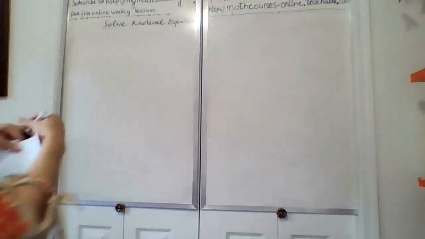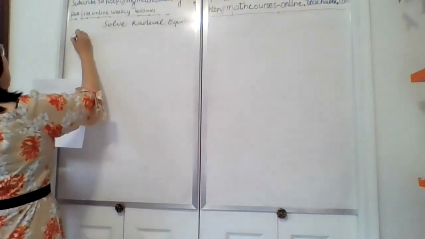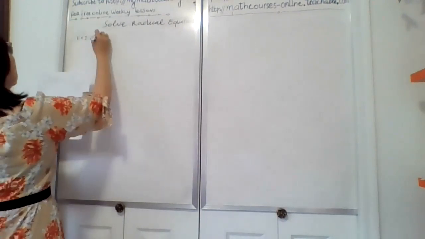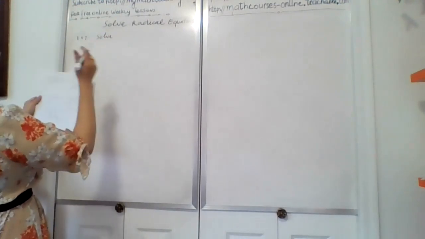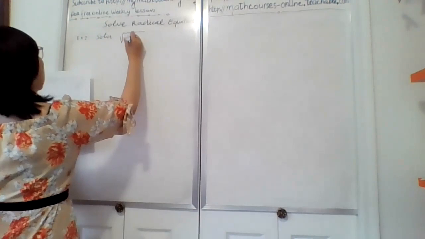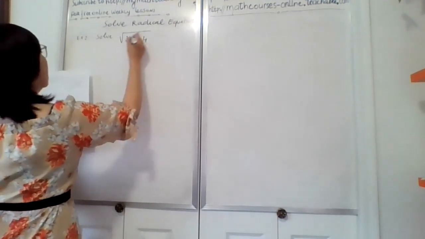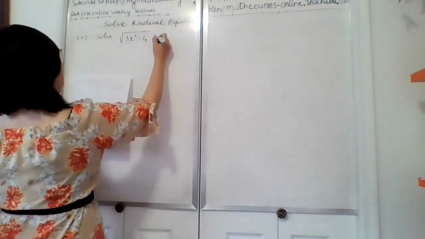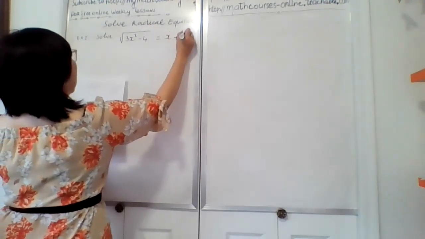So the next example I want to show you, I'm calling this example 2. We're going to solve the square root of 3x squared minus 4. So this is a parabola inside the radical, right? So a little bit different, equals x plus 5.